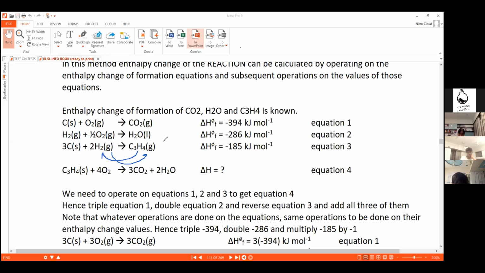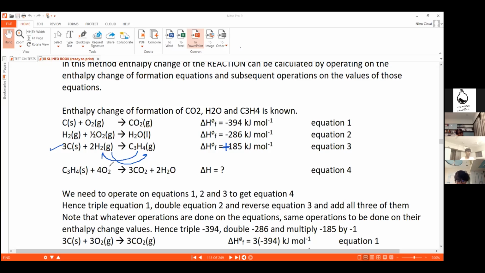Reactants become products and products become reactants. When I do that, the enthalpy change value will also get inverted, so instead of minus 185 it will be plus 185, because minus 185 was the value for the forward reaction. Now I'm considering the reverse reaction. So this became 185. I manipulated the equation and I manipulated the enthalpy change accordingly. So this is done.